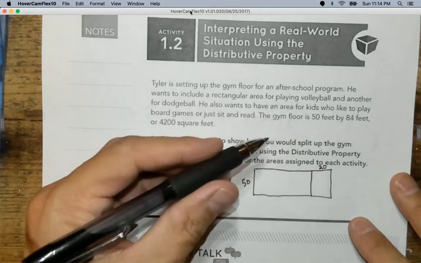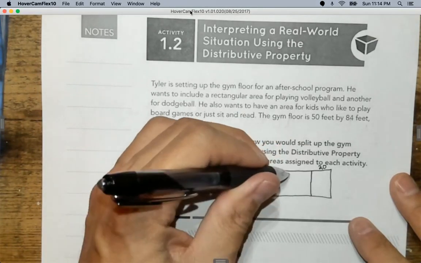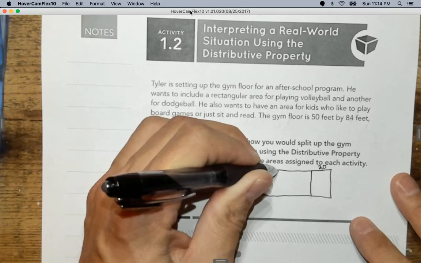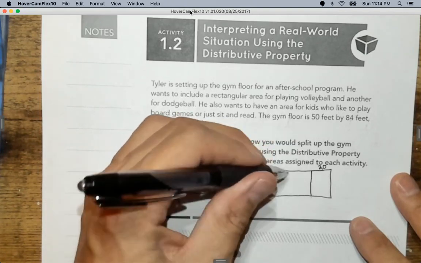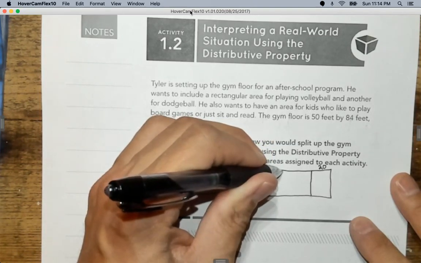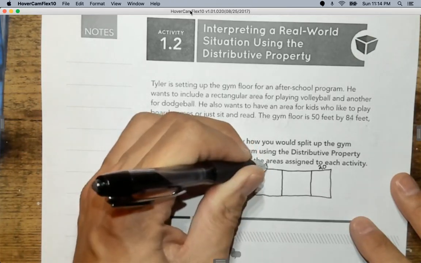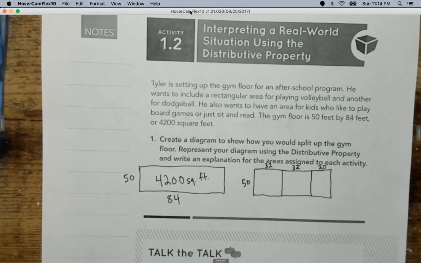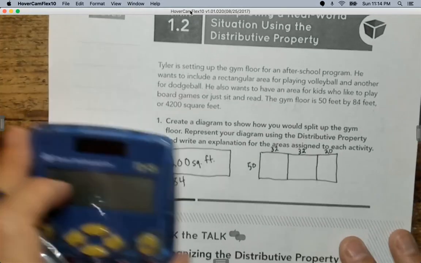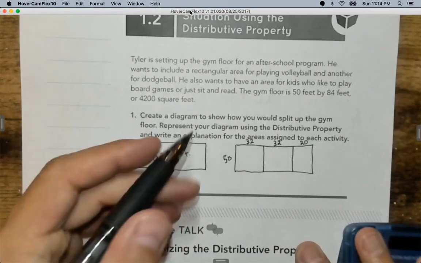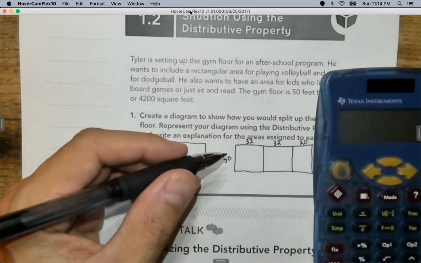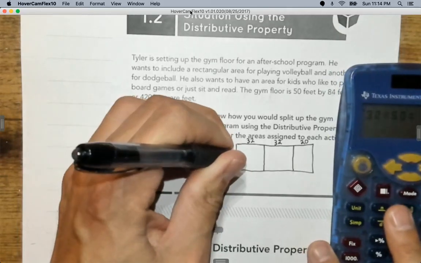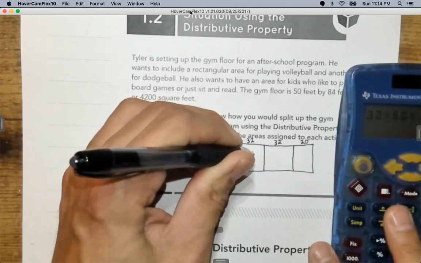And then maybe I would do 64, and then I could do maybe 32 and 32. That way, this would be 1,600 square feet.